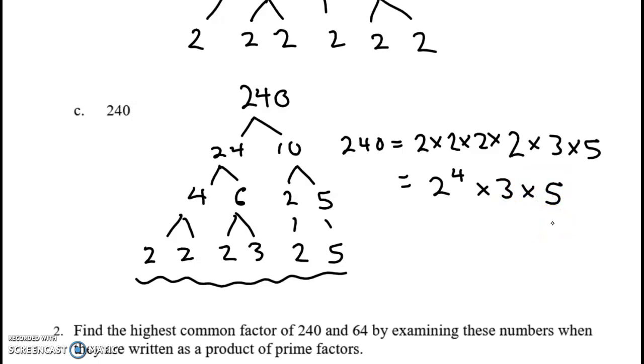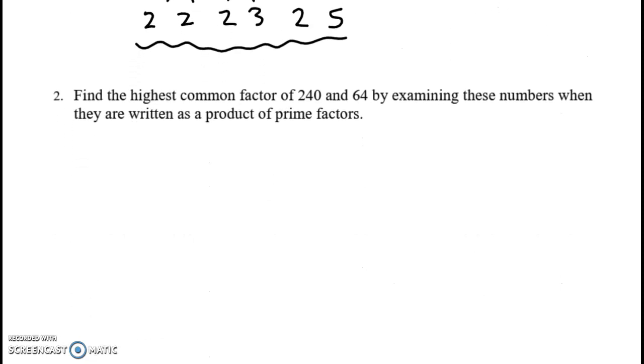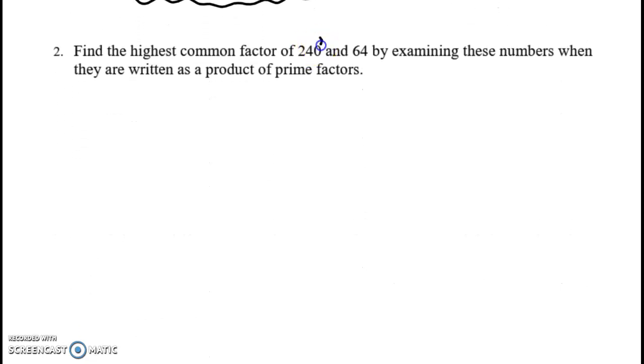Alright, so this is a useful skill because by breaking a number down into its prime factors, we can find the highest common factor between two numbers. So if we look at 240 and 64, we can find the highest common factor. We've already done these questions above for the whole factor tree, so we can just write down those products of prime factors. So 64 was equal to 2 to the power of 6.